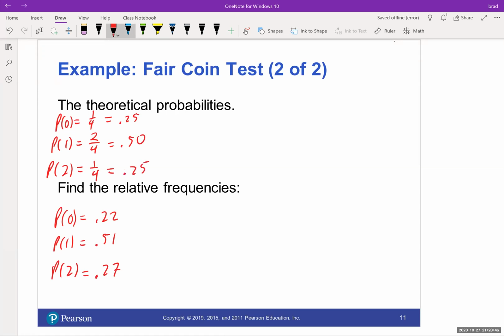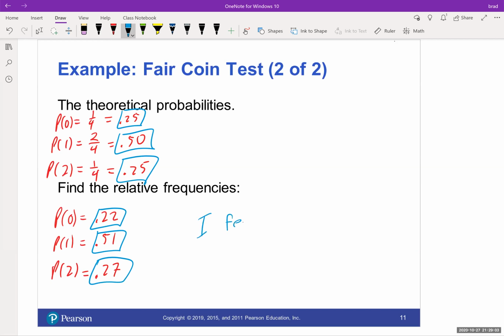Now let's compare. Let's look at 0.25 compared to the experiment. That's pretty darn close, right? Now 0.50 compared to the experiment. That's pretty good as well. Let's do 0.25 compared to 0.27. That's pretty close as well. So I feel that the coin is more than likely fair.